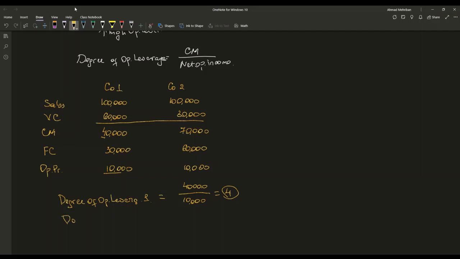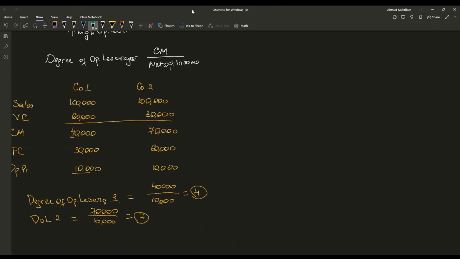The DOL of company two will be 70,000 divided by also $10,000, because both have exactly the same operating profit, which equals 7. So as you can see, company two has a degree of operating leverage of 7, which is much higher, and the calculations I will show you next will demonstrate how it affects any increase in sales.